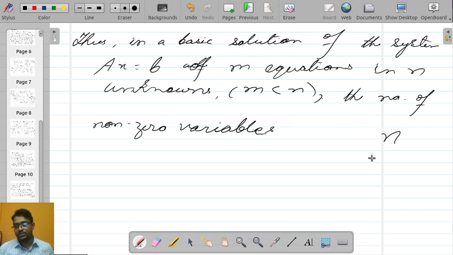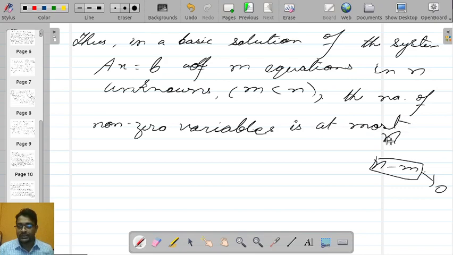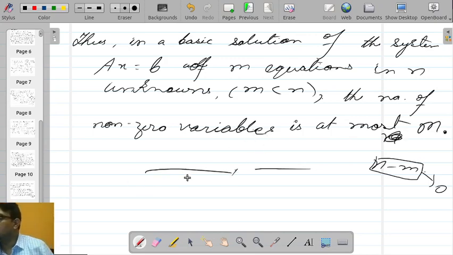Total there are n variables, and we have already set n minus m variables to 0. So what can be the maximum number of non-zero variables? It's actually m. We are sure that the remaining n minus m are 0, so the number of non-zero variables is at most m. There cannot be more than m non-zero variables.